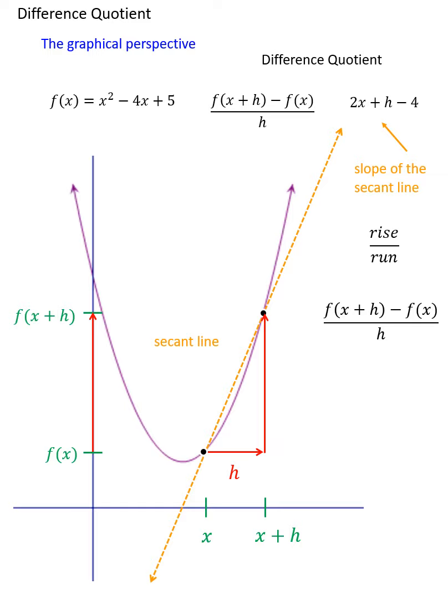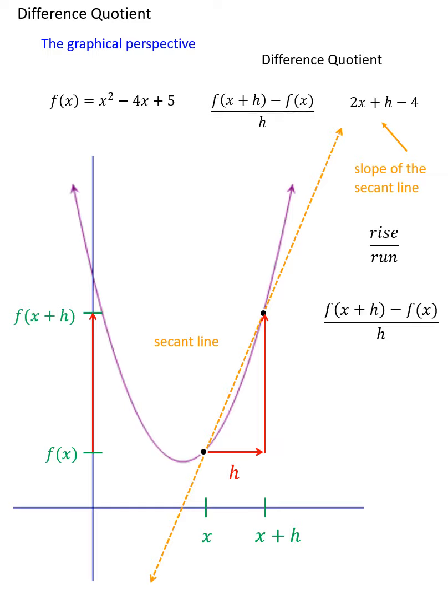Now, if you got a little lost in that, don't feel bad, most people do. The concept there is that the difference quotient isn't some random algebraic formula somebody made up. It's a formula that was derived to represent the slope of the secant line.